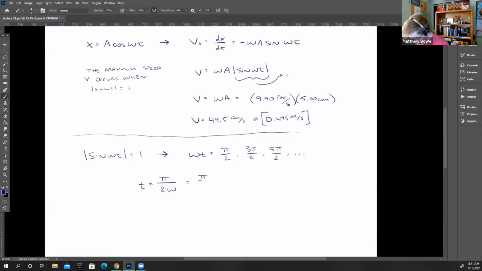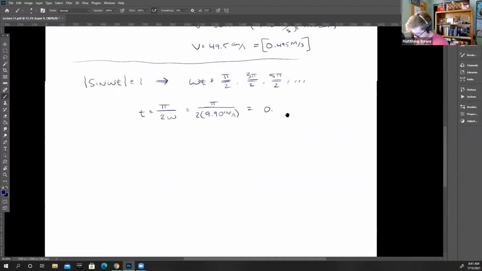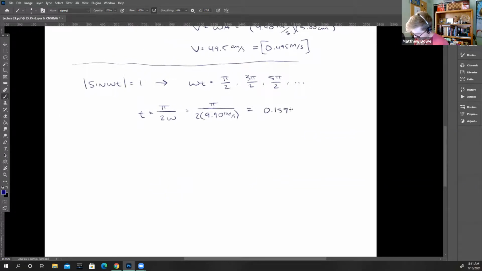And so we get pi over 2 times the angular frequency. And this specific time that it is moving at this maximum velocity is 0.159 seconds.